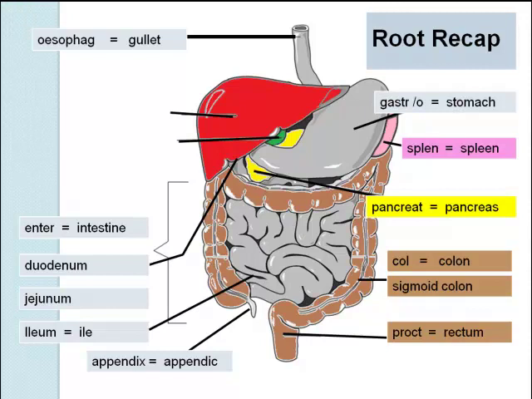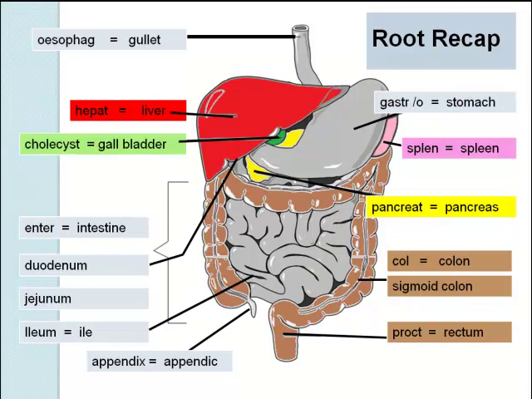Your spleen, where it stores red blood cells and recycles the bilirubin, is splen. Liver is hepat, and the bilirubin that the spleen has recycled gets sent off to the liver, which in turn turns it into bile, which is stored in the gallbladder, cholecyst.